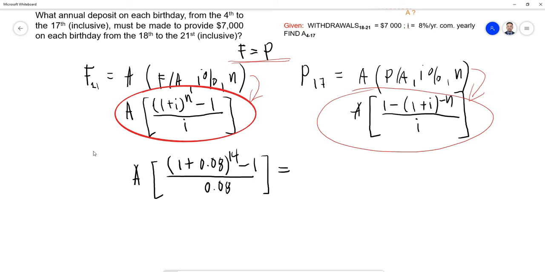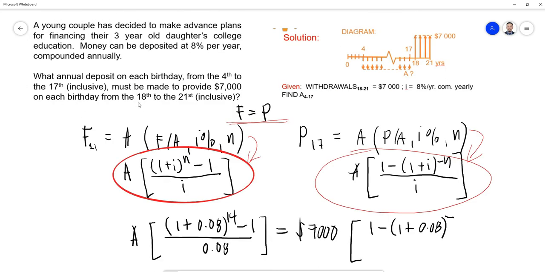equals, for the right side, A is the withdrawals at $7,000 multiplied by 1 minus 1 plus I, which is 0.08, raised to the negative N. We have negative N from the 18th to the 21st, so we count 18th, 19th, 20th, 21st.